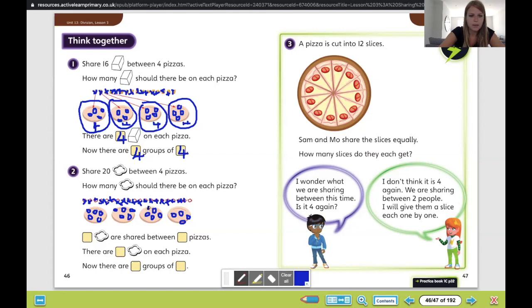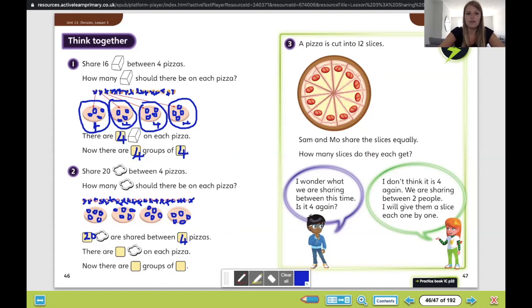I wonder why. Fantastic. So I've shared them one at a time and I've used up all the peppers. So we know that there were 20 peppers and we shared them between how many pizzas? 4. Right, let's begin.